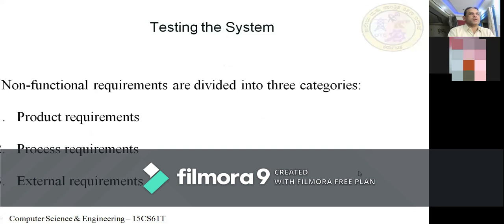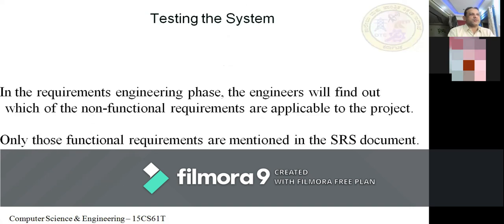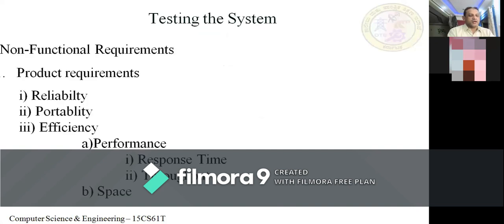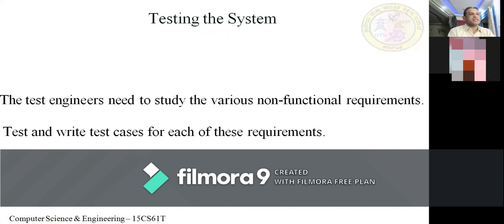Non-functional requirements are divided into three categories: product requirements, process requirements, and external requirements. We need not test all the non-functional parameters, only those applicable. The test engineers need to write test cases for all of these requirements.